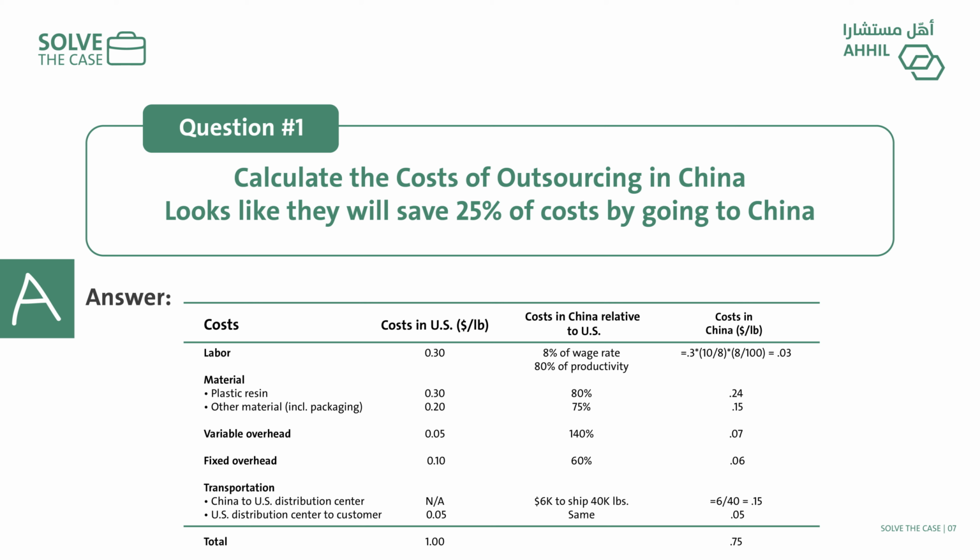What I usually do is write everything that we did in bullet points. For example, I would say that if we outsource, we will be saving 25%. This is when it comes to costs.